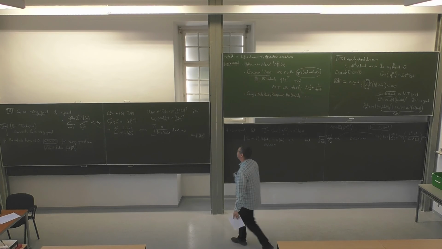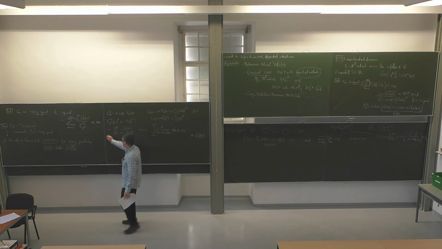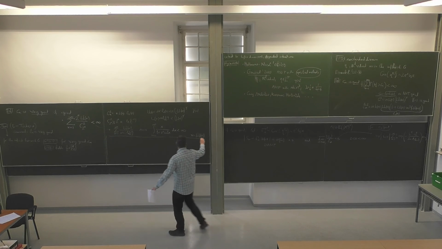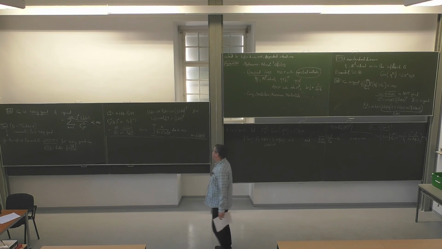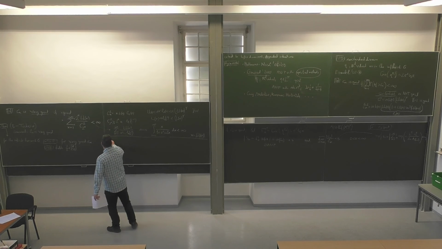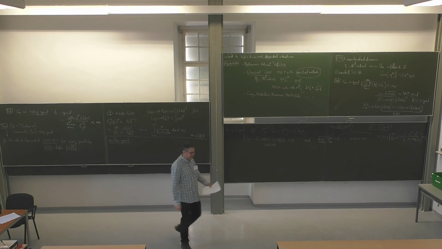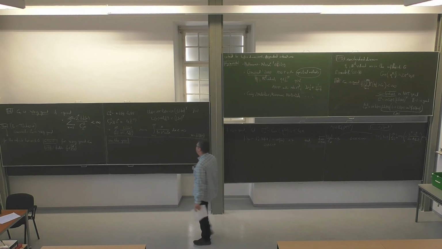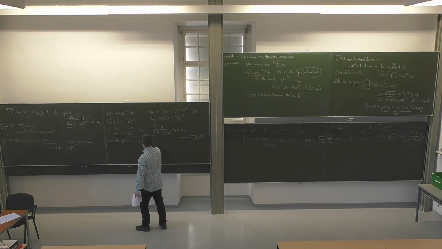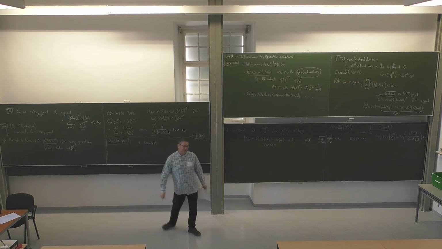So this is the result. And in the remaining 10 minutes, I do not have that much time, but let me comment a little bit on the proof of this result. Not surprisingly, the first thing is to truncate.